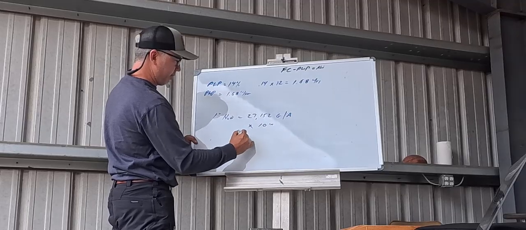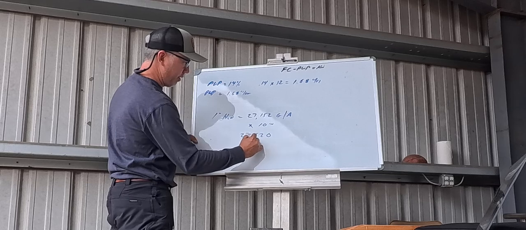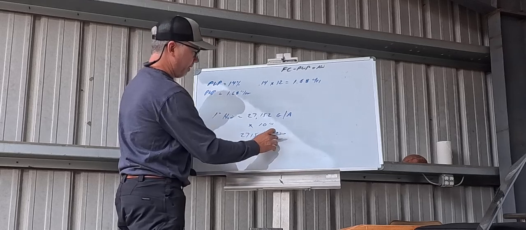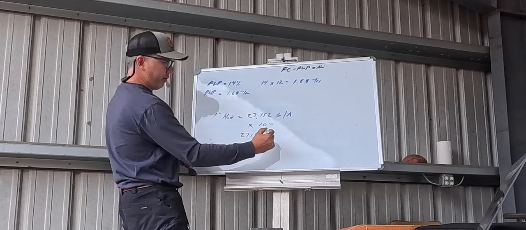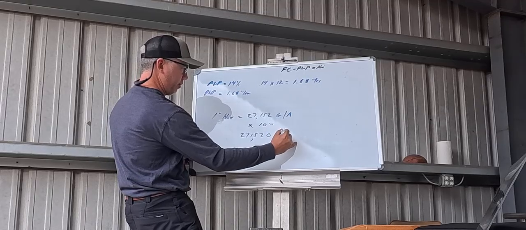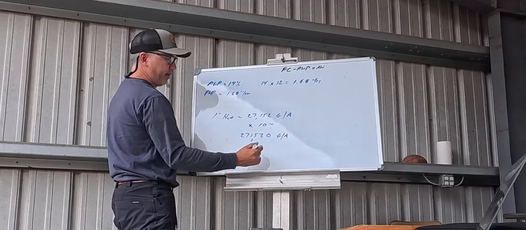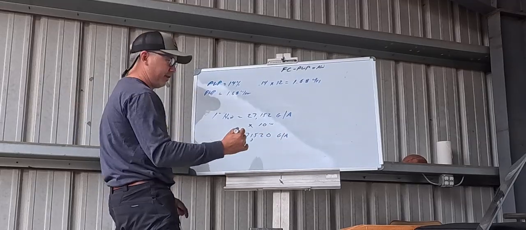So that gives us 271,520 gallons per acre for the full year. We know this farm is 15 acres.